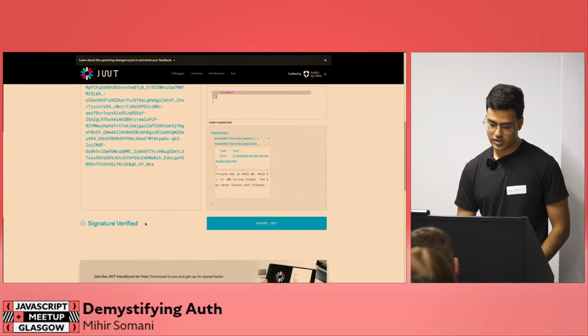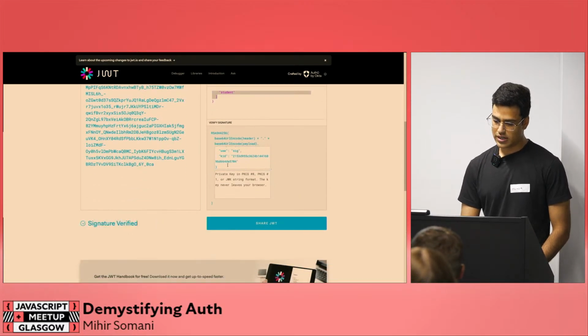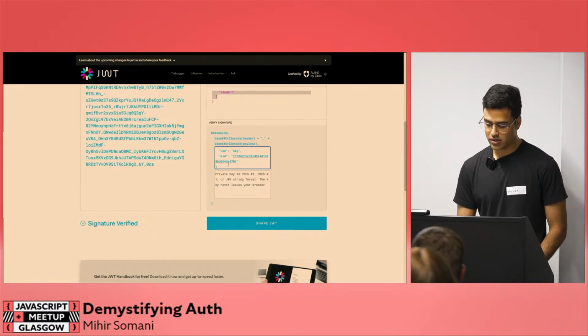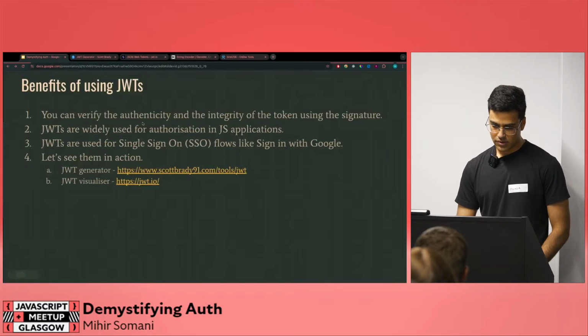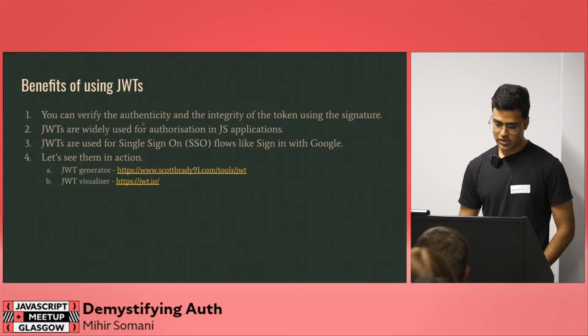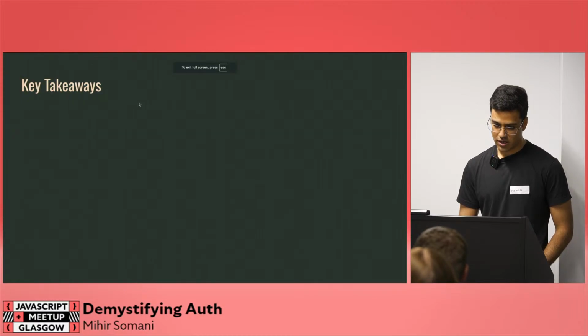And then you'll see here, signature verified. So unless you have that public key or private key, you cannot issue that JWT from the server. So as soon as I remove anything, it says invalid signature. So hope that made sense, but that's the benefit of JWTs, and this is usually how we implement authorization in JavaScript or most other technologies.